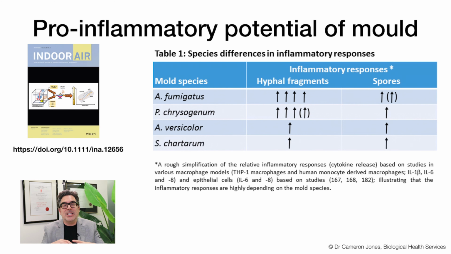These can only be identified potentially using molecular methods in order to determine that they're causing the problems. You can see that Aspergillus fumigatus, a very common mold found in water-damaged buildings but also ubiquitously in the environment, has a huge inflammatory reaction, in fact much higher than the intact spores. Similarly, Penicillium chrysogenum also has a very high inflammatory response relative to the intact spore.